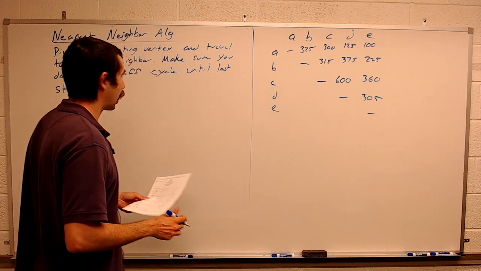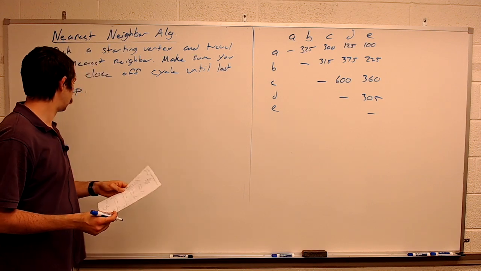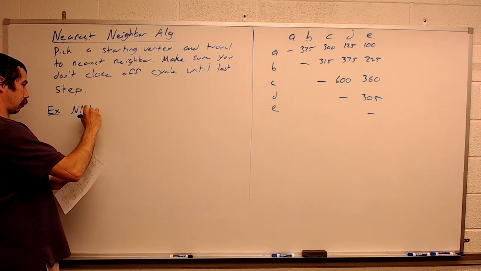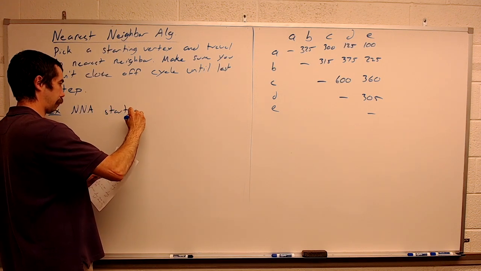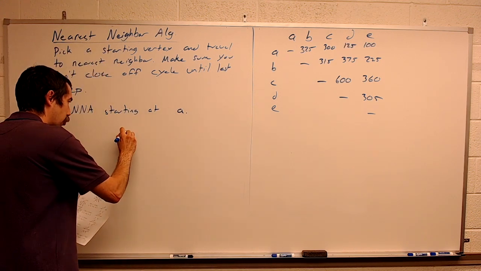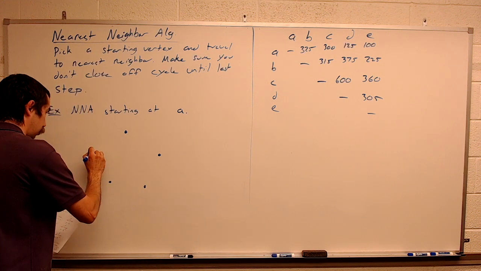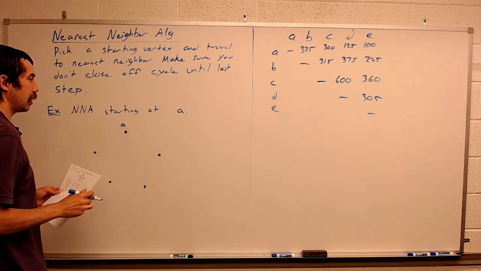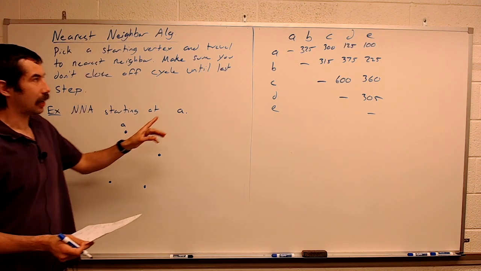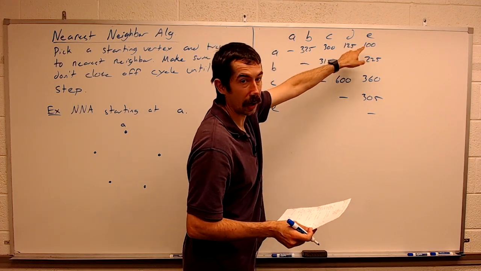All right, so let's apply nearest neighbor starting at A. All right, so let's draw our graph. And we'll say this is A. We are going to find the nearest neighbor to A. So that's all of these in this top row are A's neighbors.